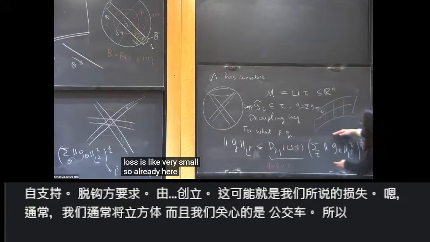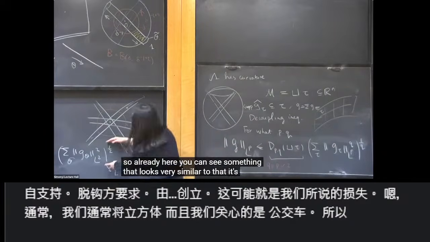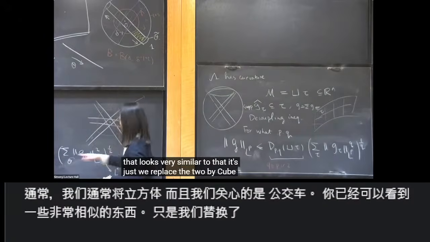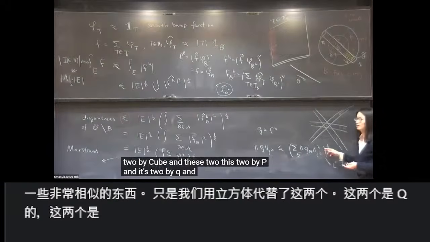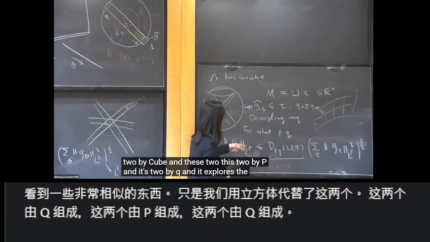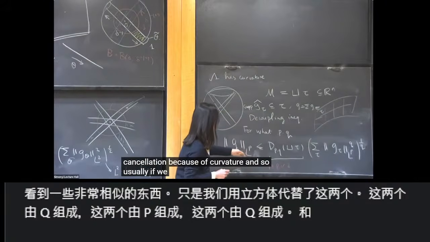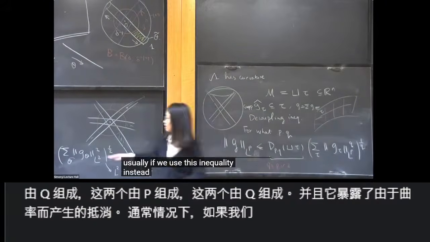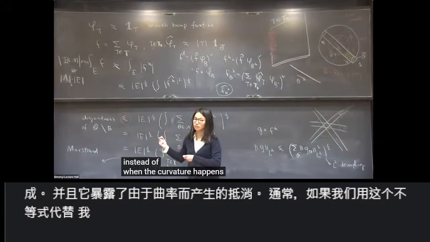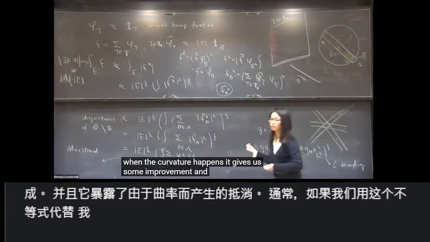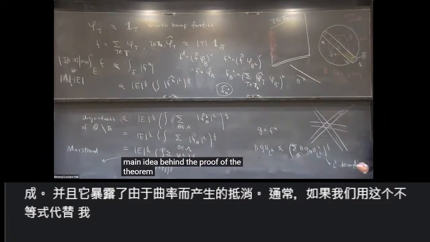So already here you can see something that looks very similar to that. It's just we replace the 2 by q, and this 2 by p, and this 2 by q. And it exploits the cancellation because of curvature. So usually if we use this inequality instead of that, when the curvature happens, it gives us some improvement. And that's the main idea behind the proof of the theorem.